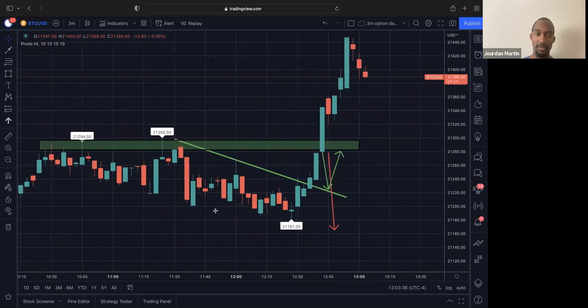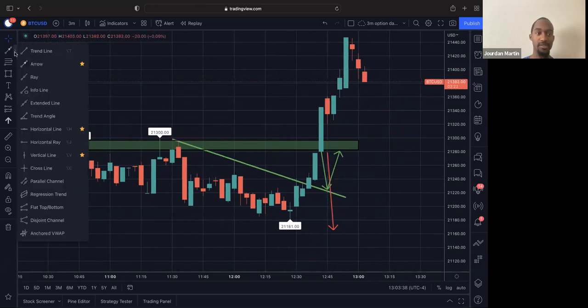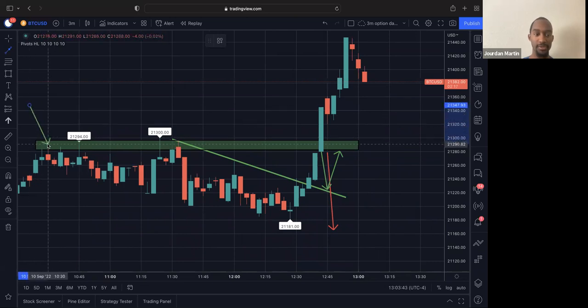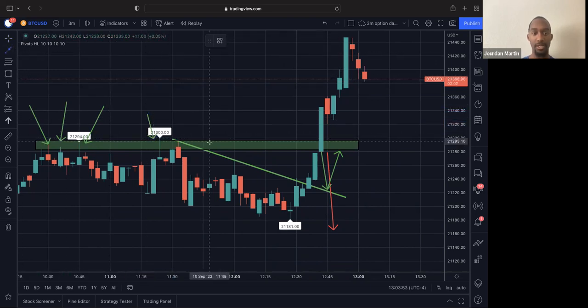Because what I'm seeing, again, what is the story the candles are telling me? The story that I'm seeing is every time we come up here, sellers step in and buyers lose control, right? We've seen that happen over and over and over. We can't get a close up here, so we're failing to close up here.